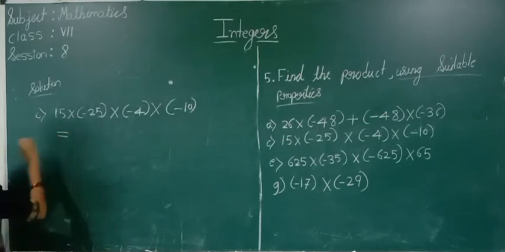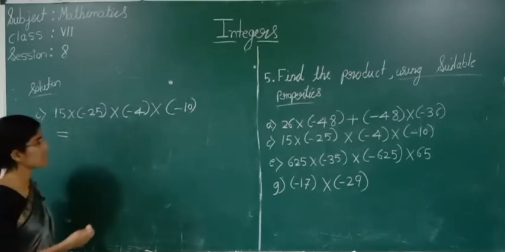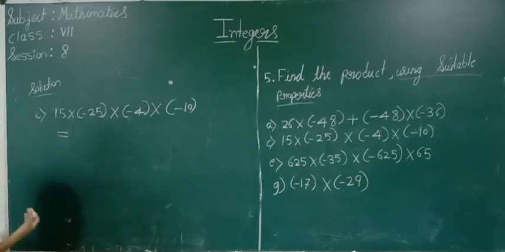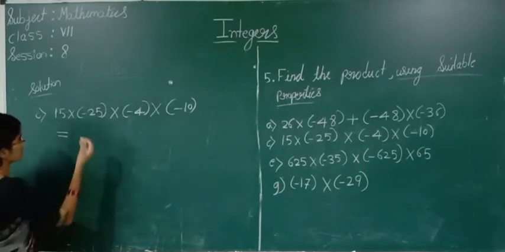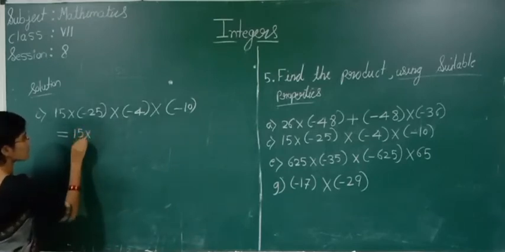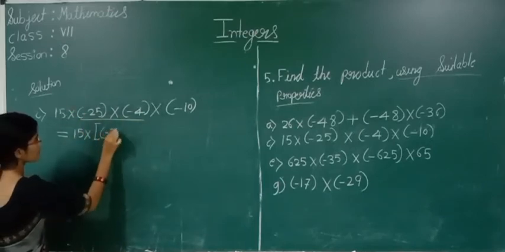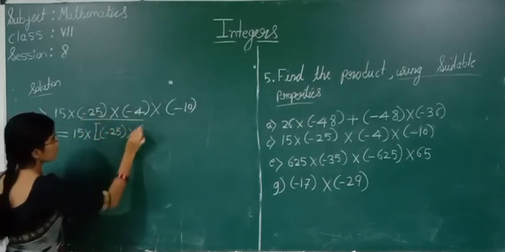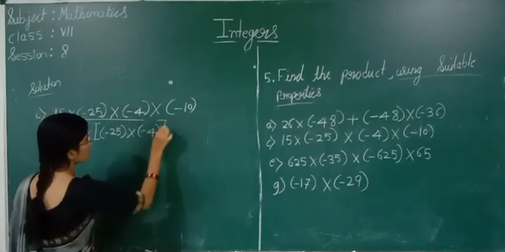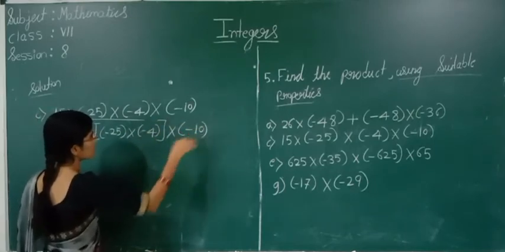To make our calculation easier, what we will do, 15 into, we will group the terms, minus 25 into minus 4 into minus 10.